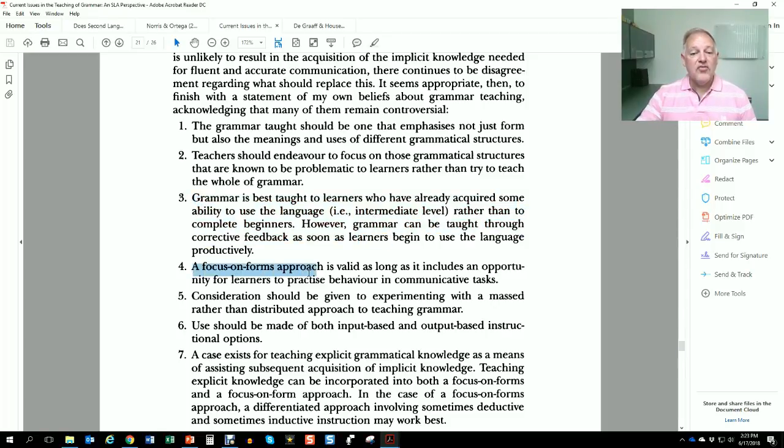A focus on forms approach, again, remember, that's that traditional, right, discrete grammar point teaching, is valid as long as it includes an opportunity for learners to practice behavior and communicative tasks. Okay?